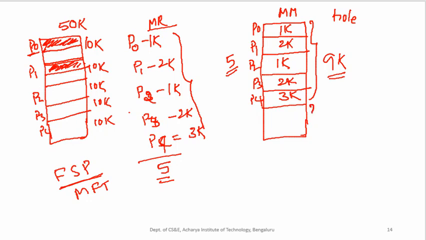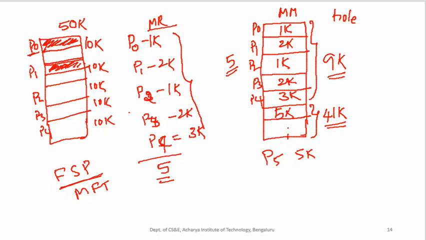So how much more memory is left? We have 41K memory left in this case, and we can go on accommodating other processes which may come in at a later point of time. Let's say if P5 comes in with the requirement of 5K, it can be accommodated, okay, and so on.